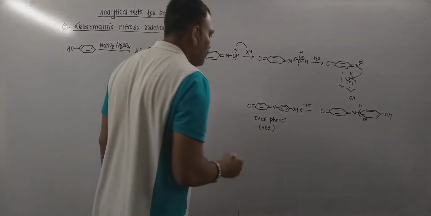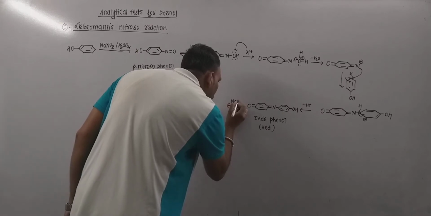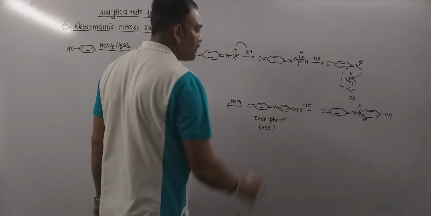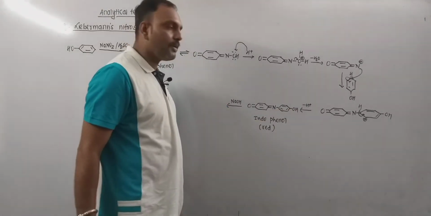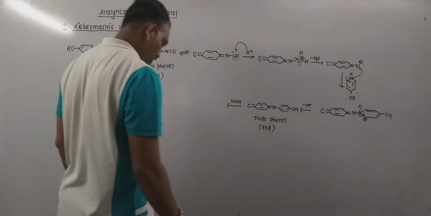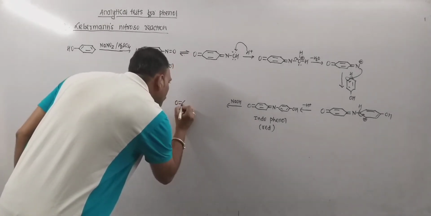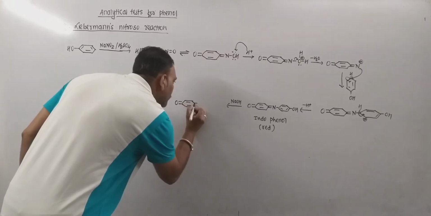Now when we dissolve this indophenol in aqueous solution of NaOH, then we know very well that in phenols, the OH group is acidic. Why? Because the negative ion so formed is stabilized by resonance. So the salt is obtained, and that salt can be given in this manner.